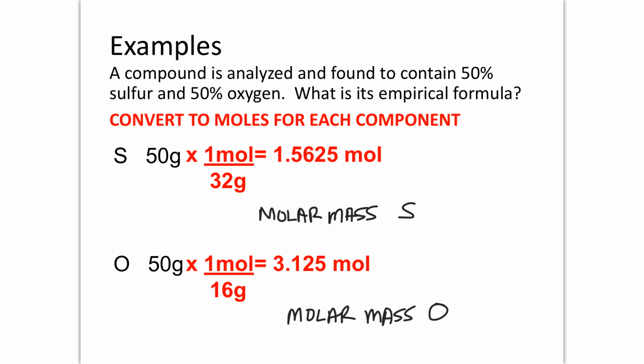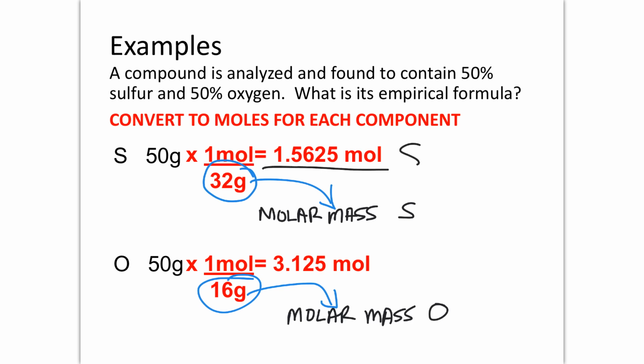Okay, so now using the molar masses of each one, we're going to convert to moles. So we've taken that 50 grams, and remember, this number here is the molar mass of sulfur, and this number here is the molar mass of oxygen. You look that up in your periodic table, and you convert to moles, and when you do that, you get 1.56 moles of sulfur and 3.125 moles of oxygen.